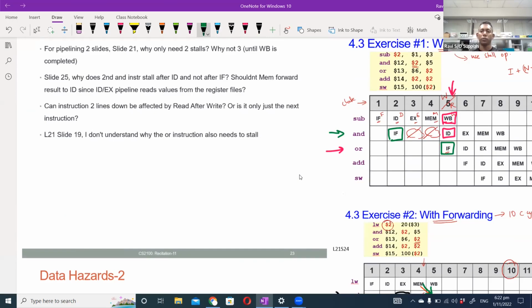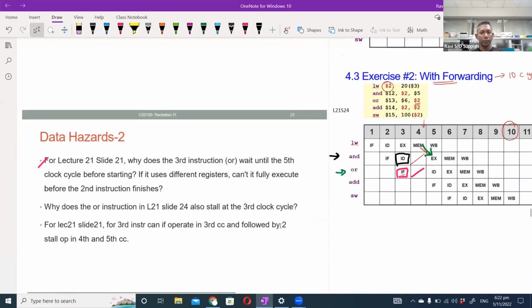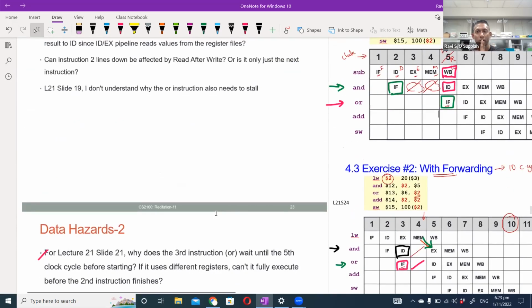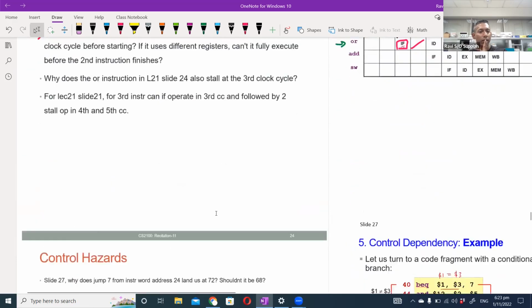That is why this instruction has to wait until the earlier instruction has moved out. Most of them are quite similar.